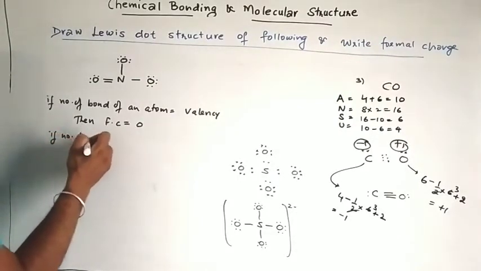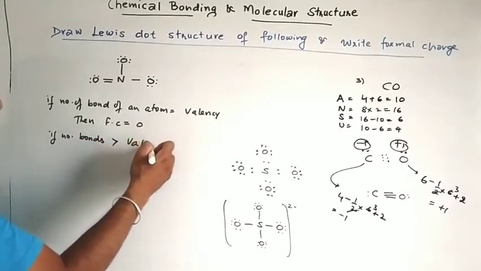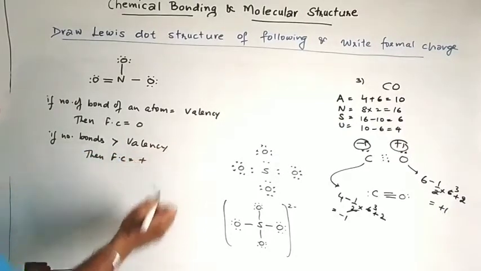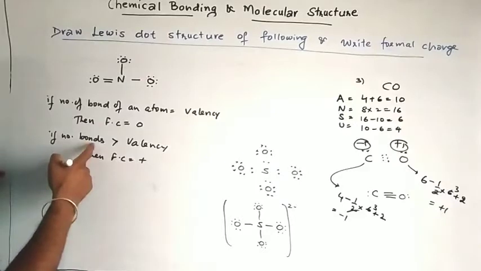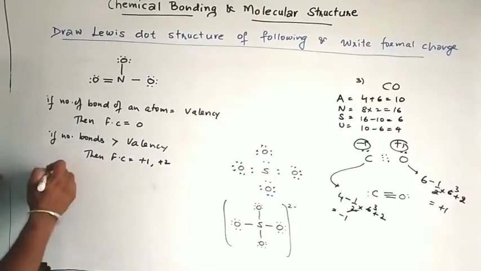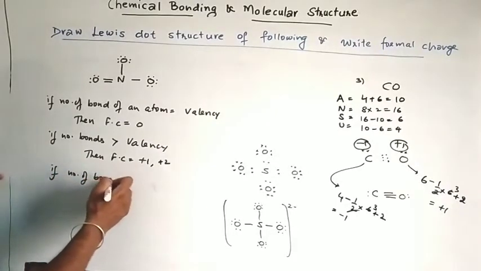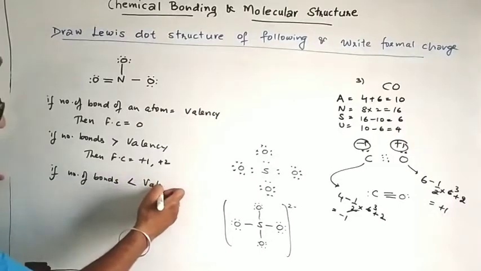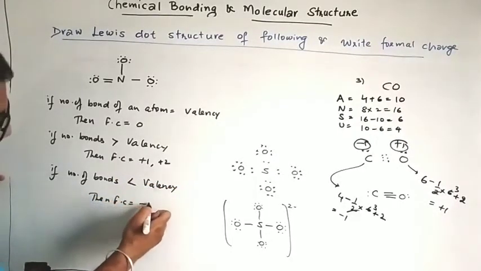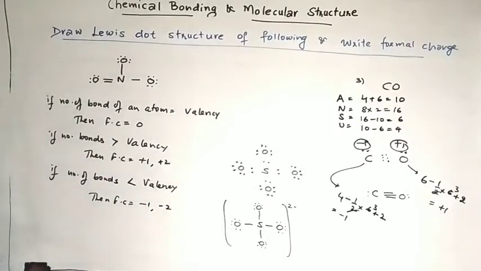If the number of bonds is more than the valency, then the formal charge is positive. If it is more by 1 then +1, if more by 2 then +2, like that. If the number of bonds is less than the valency, then the formal charge will be minus. If less by 1 then -1, if less by 2 then -2.